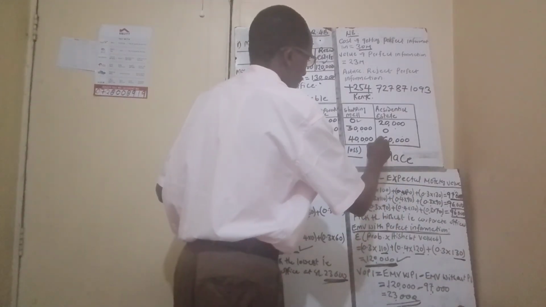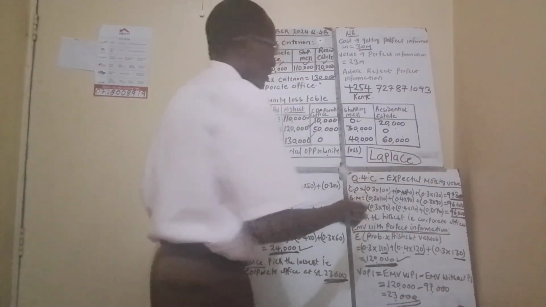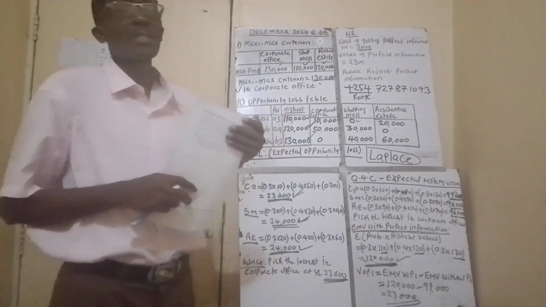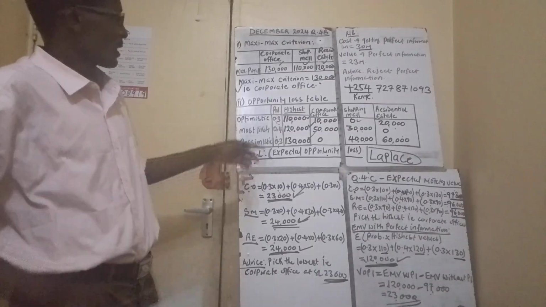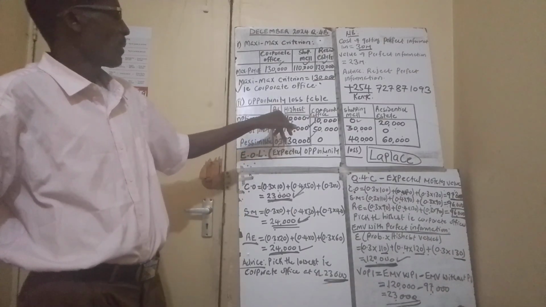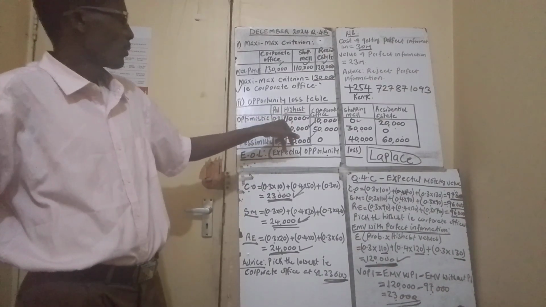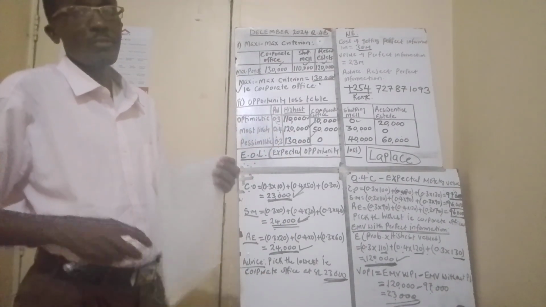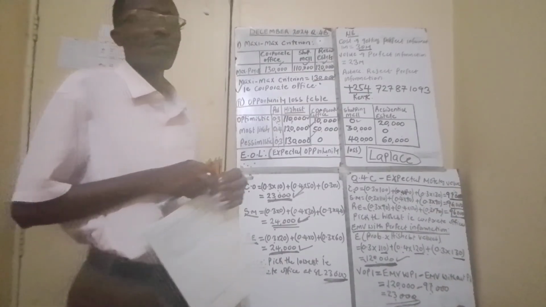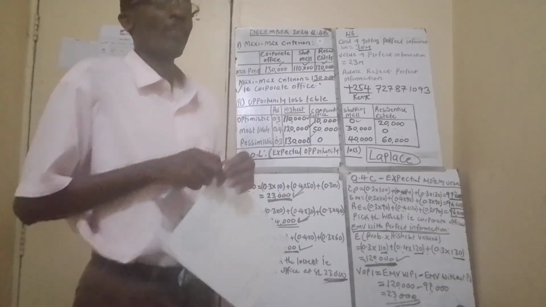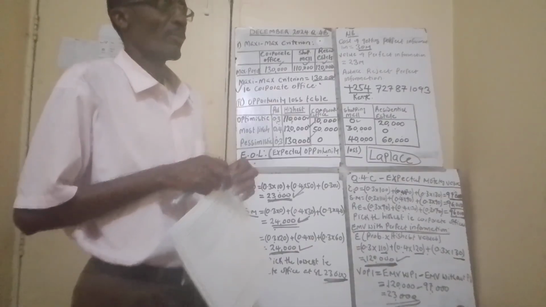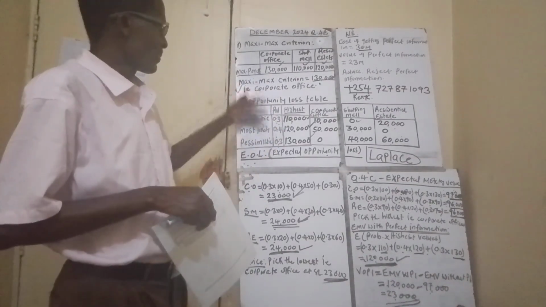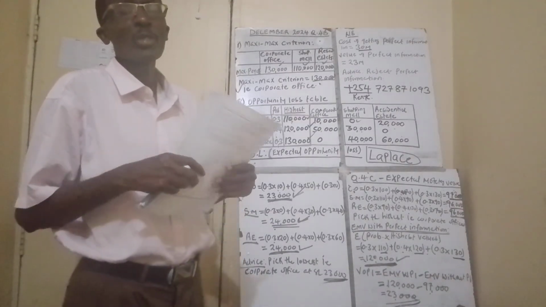Laplace method, usually you use it in those situations where probabilities have not been provided. For example, here in this question, you can see we are given probability 0.3, 0.4, 0.3. So in any event, if probability has not been provided, we assume that all the items that we are dealing with have equal weights.